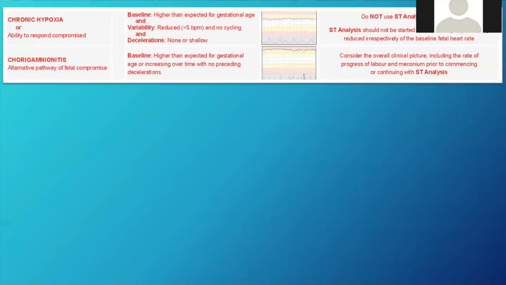Okay. The other baby is the baby that we're suspecting chorioamnionitis with. So the baby that comes in with the high baseline, everything else seems to be fine, but the baseline seems to be quite high for this baby's gestation or for this baby's previous CTGs. And usually there are risk factors that are also associated with infection. Okay.